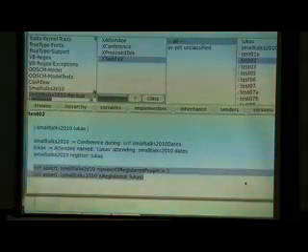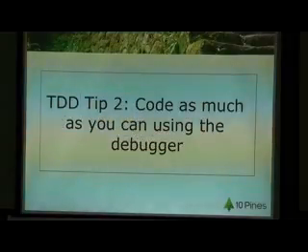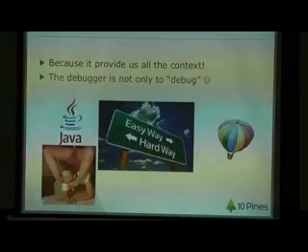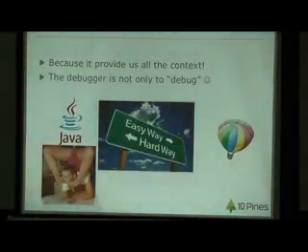That's a very easy pattern to follow. And the other one is that if you're doing TDD in Smalltalk, use the debugger. That's very different from other languages. Yes, Java is a little bit complex. They like to do things like that.